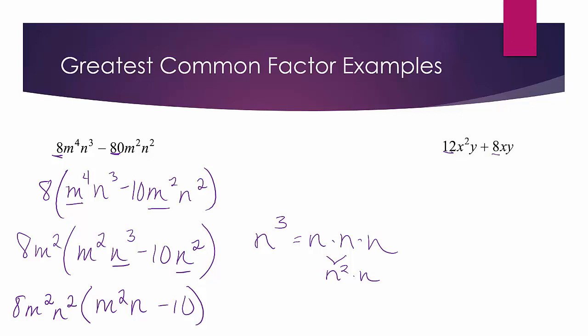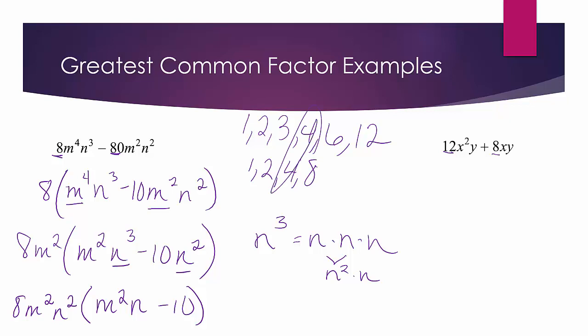The factors of 12 are 1, 2, 3, 4, 6, and 12. The factors of 8 are 1, 2, 4, and 8. Greatest common factor between these two is 4. So I'm going to pull a 4 out. So that leaves me with 3x squared y plus 2xy.